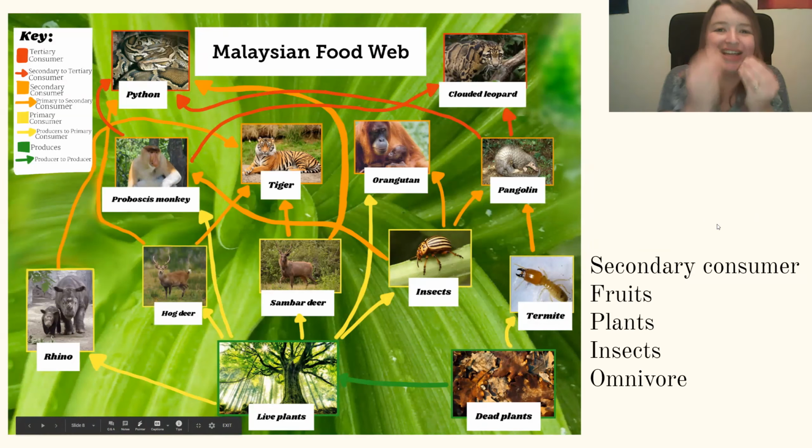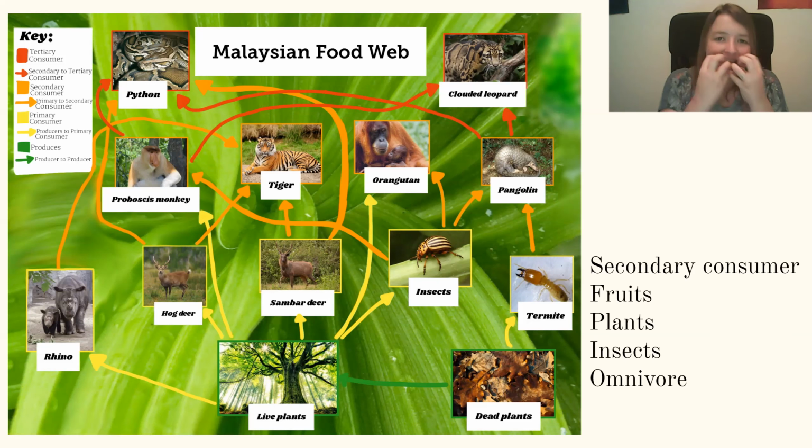Remembering consumer is eating and needs to eat to get its energy. So the orangutan will eat live plants and fruits and leaves, but it will also eat insects. So I can work out not only is it a consumer, it's a secondary consumer because it will eat insects which have eaten other producers, but it is also an omnivore.